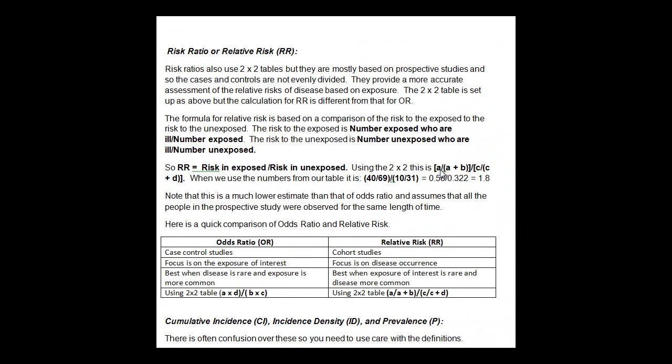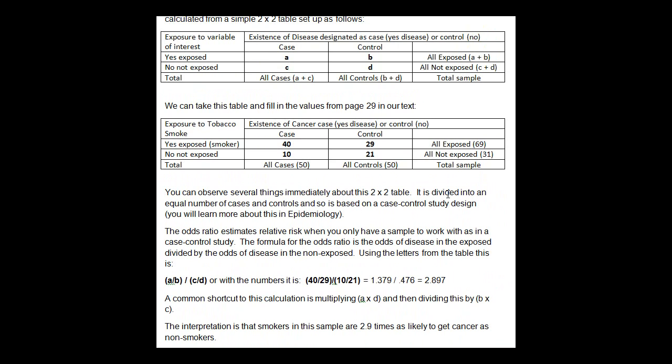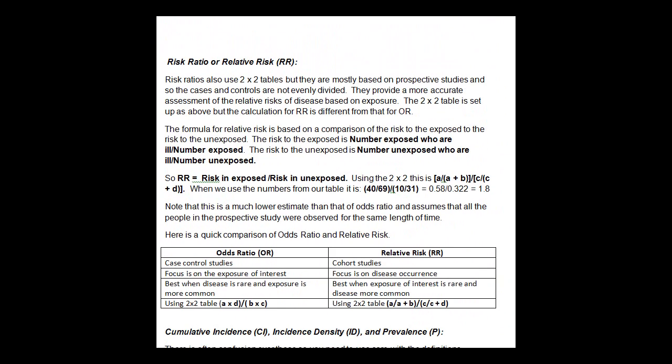But instead of A divided by B, it's A divided by the sum of A plus B, and that is divided by C divided by the sum of C plus D. So in our table, using this exact same table here, our calculation then is 40 divided by 69 over 10 divided by 31, giving us a risk ratio of 1.8.